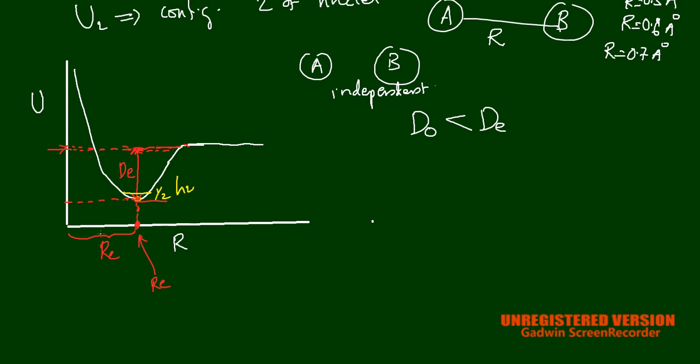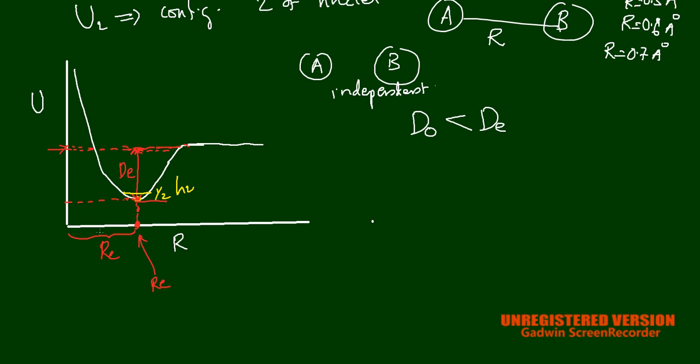That is the ground vibration energy. That energy is already there in the molecule. So when we are supplying the additional energy for the bond to be broken, we don't need to supply half h nu, because half h nu is always already there.